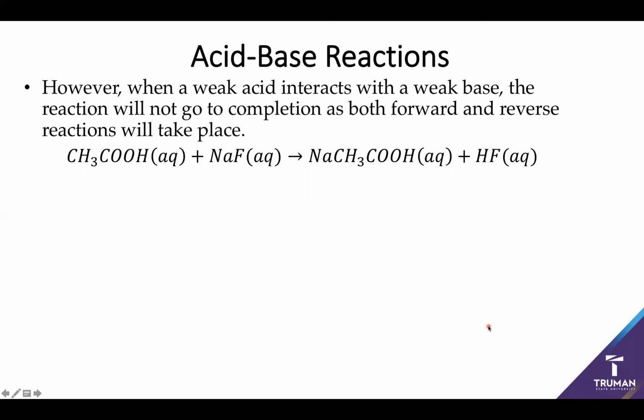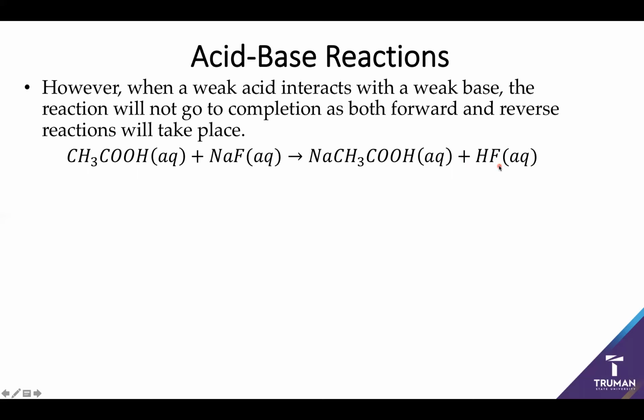However, one of the things that is important to remember is that if I'm trying to react a weak acid with a weak base, the reaction doesn't always go to completion. So for example, I can take something like acetic acid with sodium fluoride. So fluoride makes a weak base. It will react to form a weak base, sodium acetate, and hydrofluoric acid, which is a weak acid.